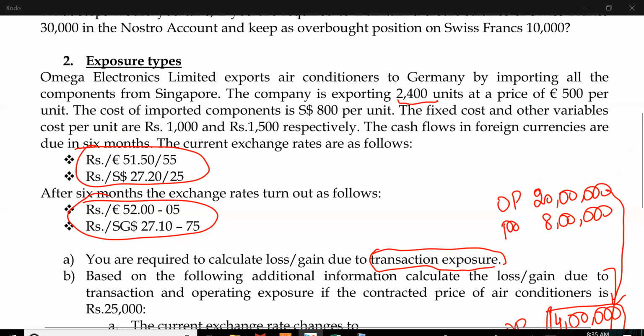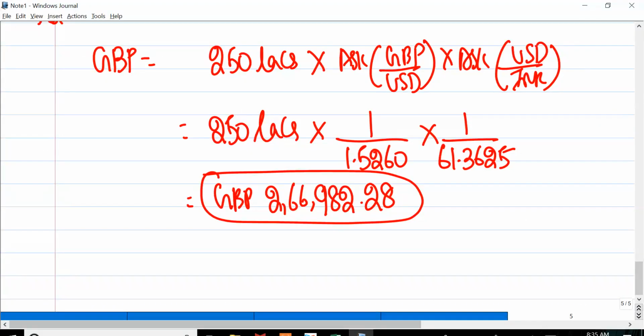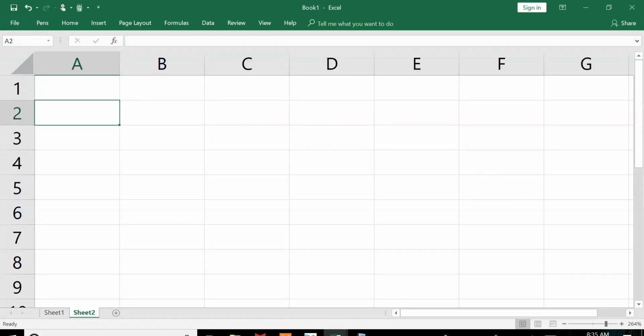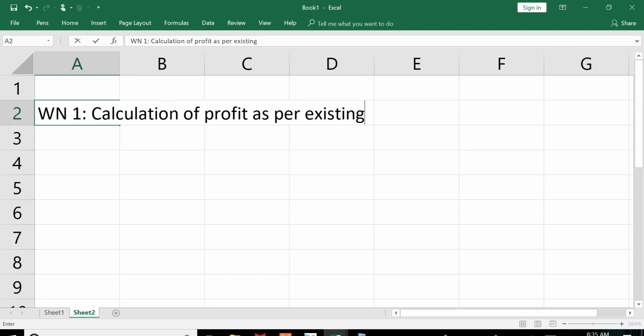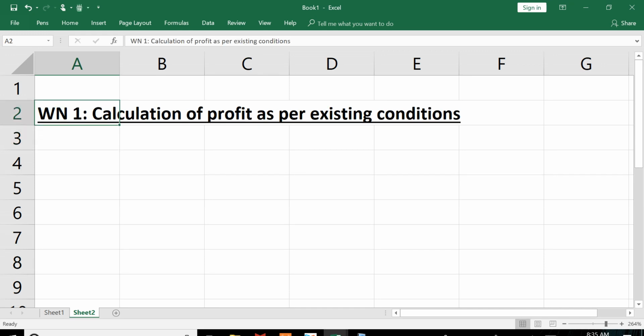Working note 1, calculation of profit as per existing conditions.